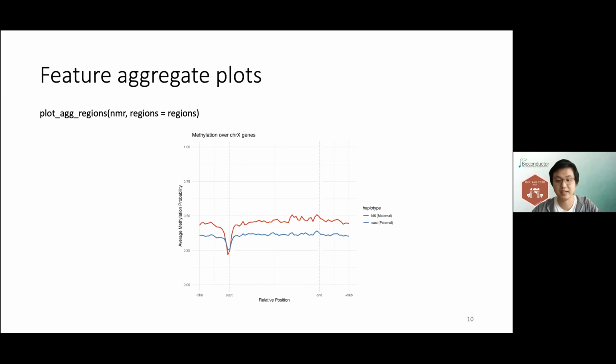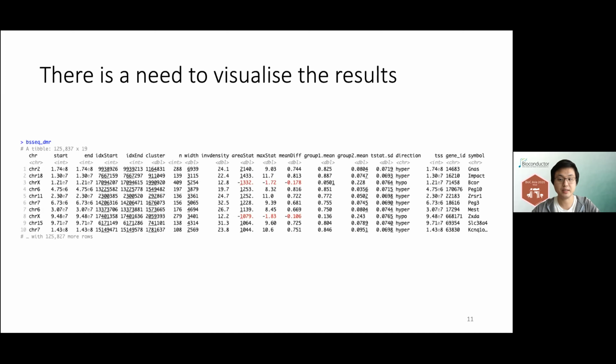The other thing we have to look at: normally when we do these differential methylation analyses using the existing software, what we get out is these big tables of just areas which are differentially methylated.